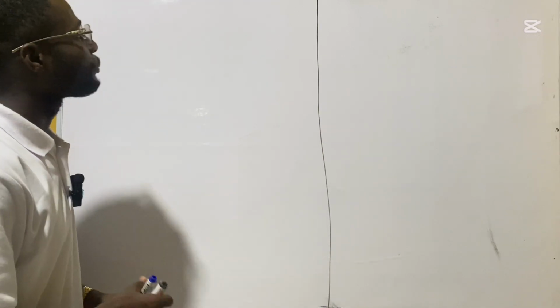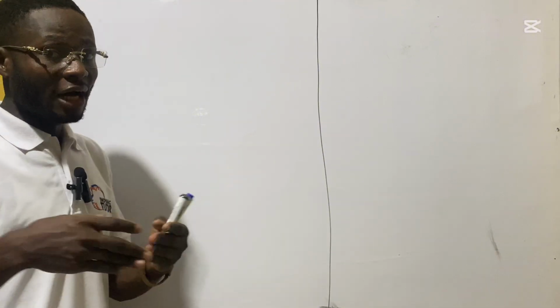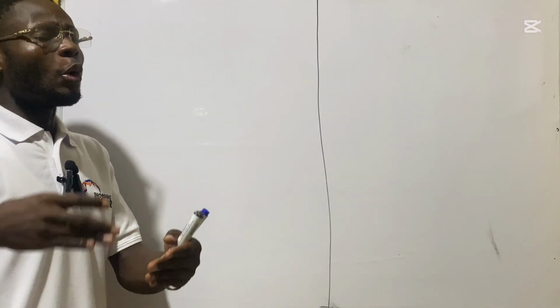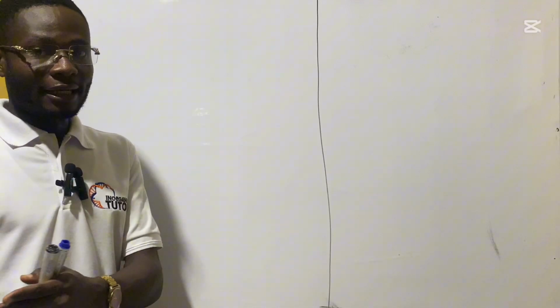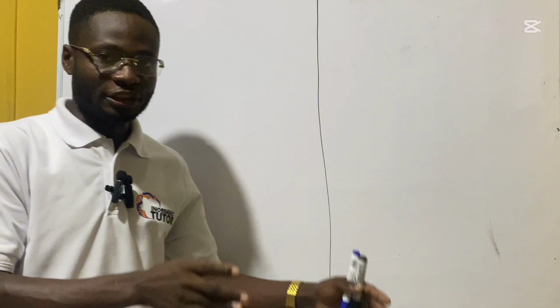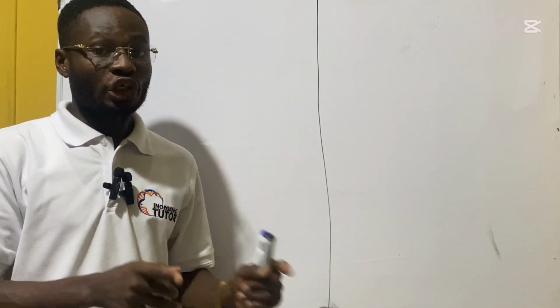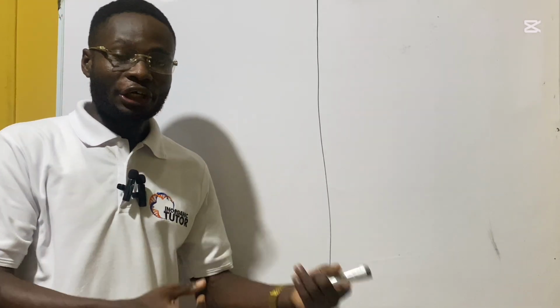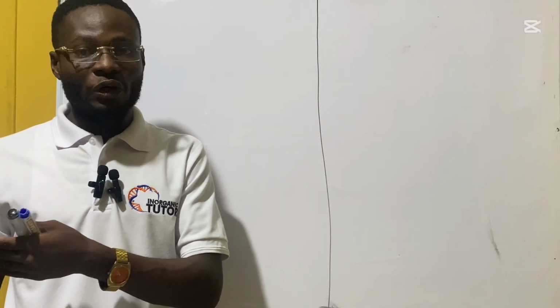So let's see whether you understand what scalars are. Let me brief it up. Scalars are quantities that have magnitude but have no direction. Think of the temperature that you check at the hospital.